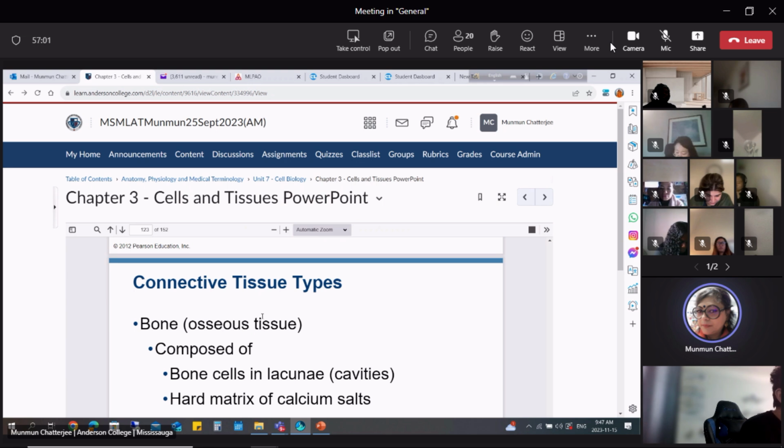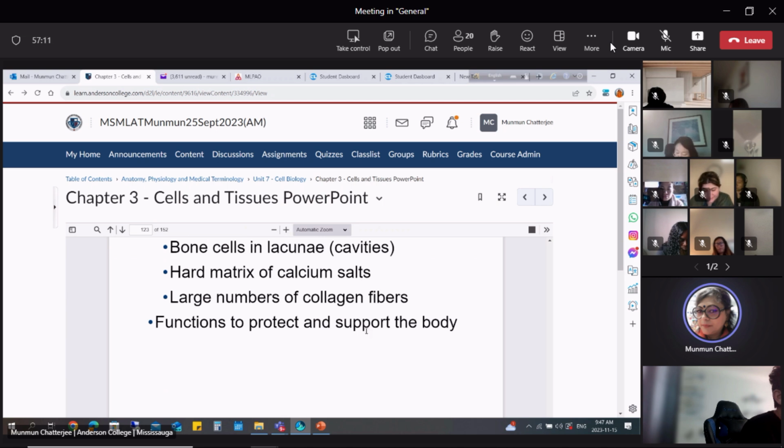Bone gives your body its skeleton, our body framework. So they have a large number of collagen fibers. They have to, because they have to make tight junctions so that it can be steady. Their function is to protect and support the body, as the name suggests.